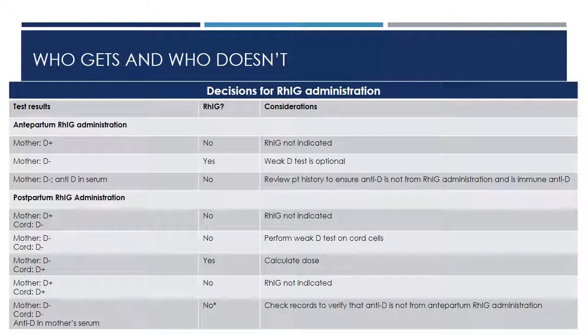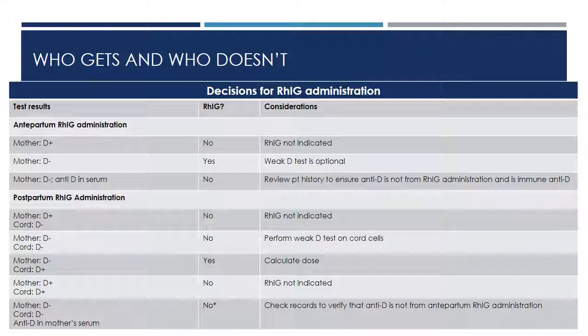So now this is knowing who gets RhoGAM and who doesn't get RhoGAM. Now, first things first, if the mother's D positive, she doesn't get RhoGAM. So just because you're pregnant, you don't get RhoGAM, or RHIG is what I should call it. If the mother is D negative, then yes, she is definitely going to receive, and she should receive RHIG.